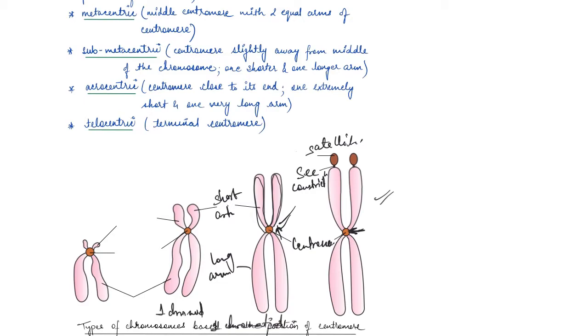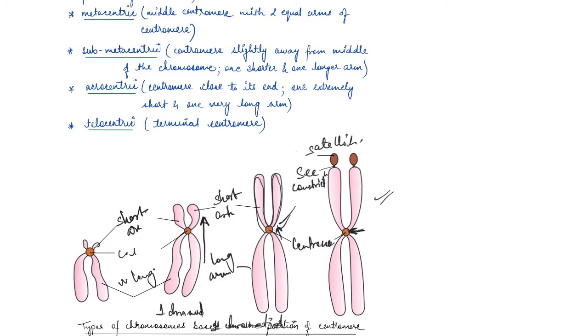Now the third type is acrocentric. In acrocentric, the centromere, this constriction, moves more towards one of the ends, and so one of the arms is very short, an extremely short arm, and the other one is very long, right?